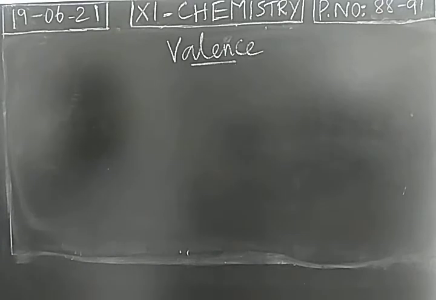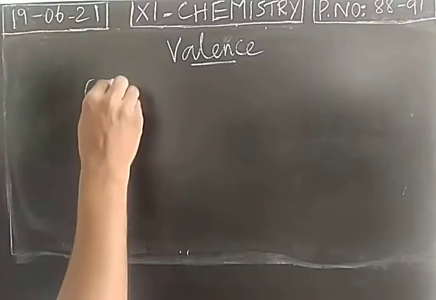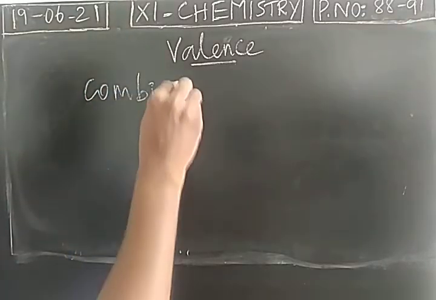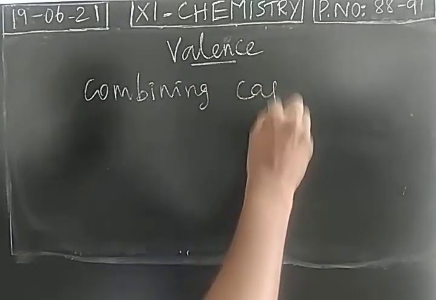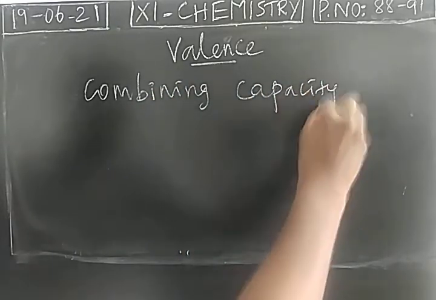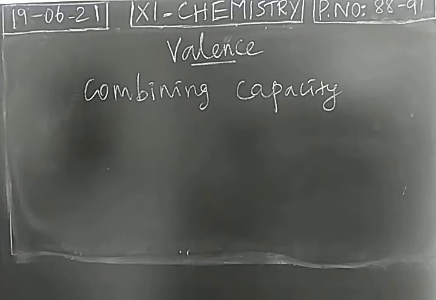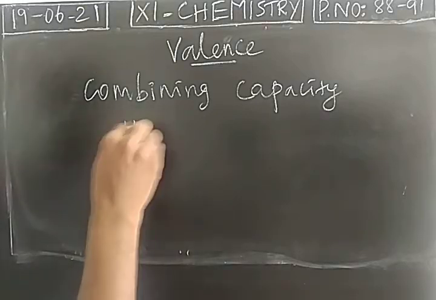So this is not a new concept to you. You already studied in your lower classes valence or valency of an element. The definition of valence is the combining capacity of an element. Let me take hydrogen as the standard one.